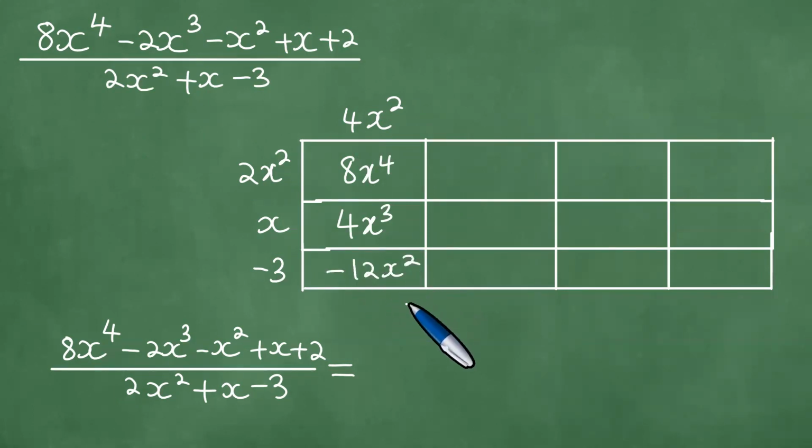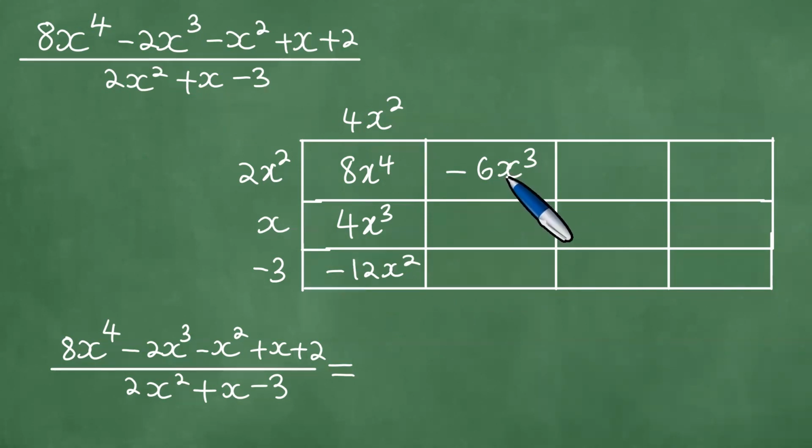Now the next thing we do is we look at the diagonal entries. We look at the x cubed here, and what can we add to 4x cubed so that we get a minus 2x cubed? It can only be minus 6x cubed.